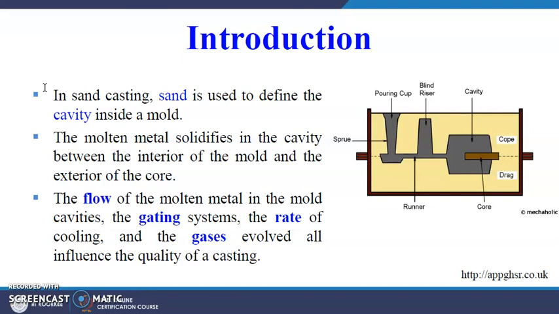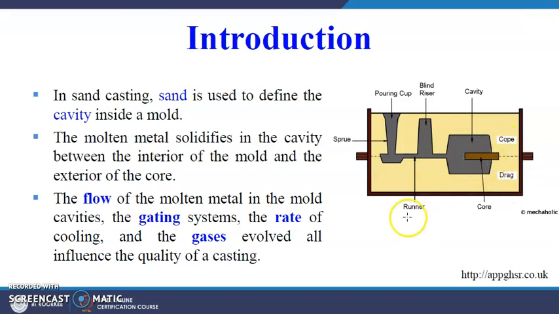Before starting with the design guidelines, let's have a quick review or recap of the casting, sand casting process. As you can see, this is a schematic diagram of sand casting. There are different members of the gating system which you have already studied in manufacturing science. Pouring cup is there, blind riser will be there, the cavity has two parts, cope and drag.